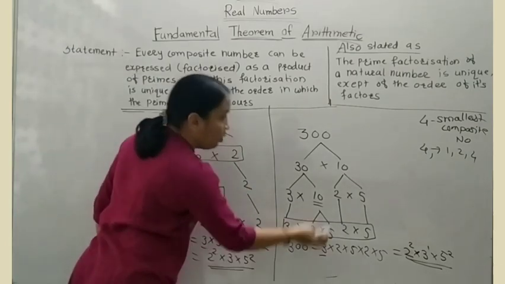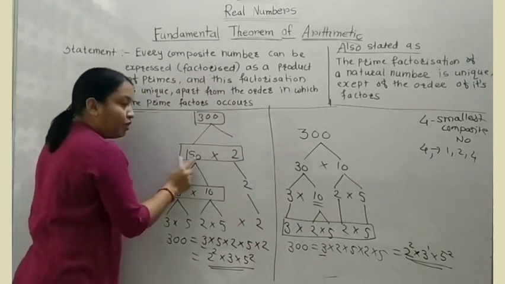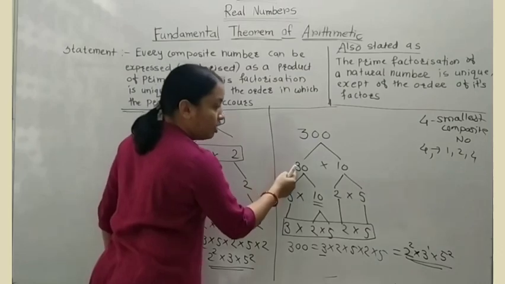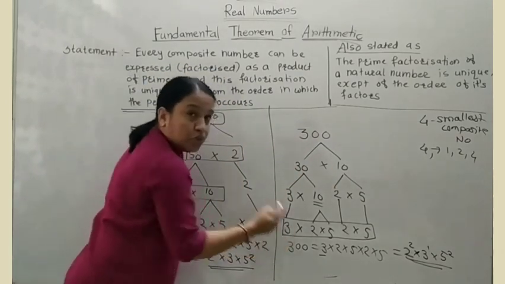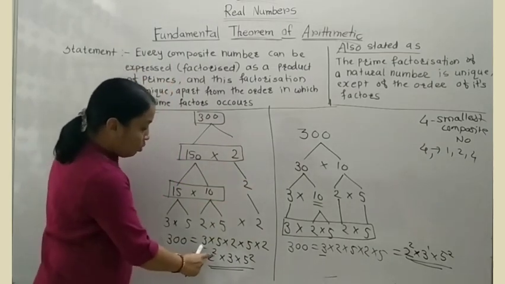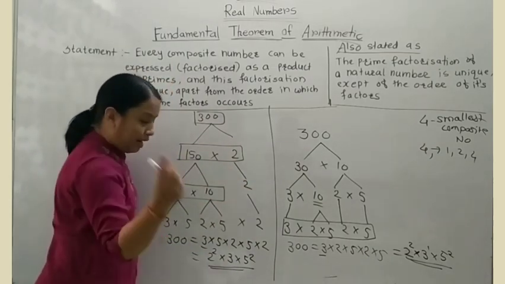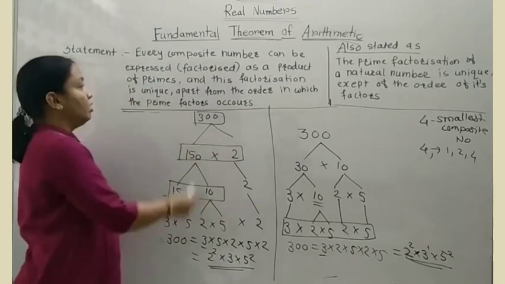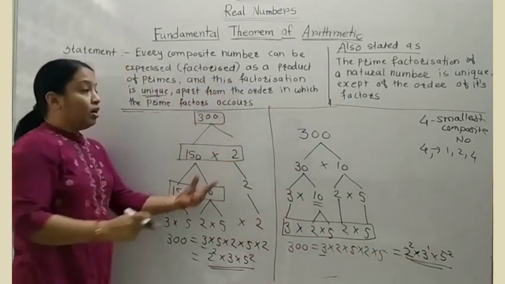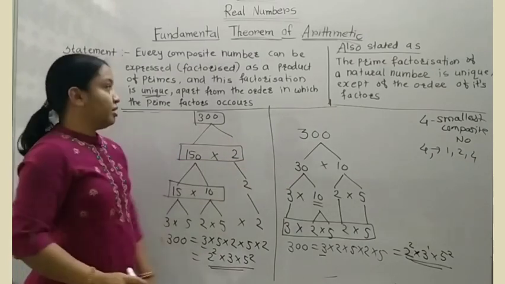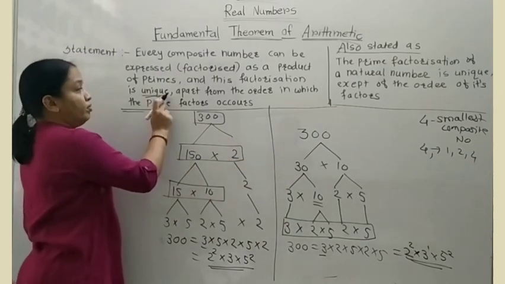That is what we have proved. I started from 150 into 2, here I started with 30 into 10. But ultimately, when I come to the prime factorization of 300, I got 2 two times, 3 one time, and 5 two times. So uniquely, though I started from different factorizations.